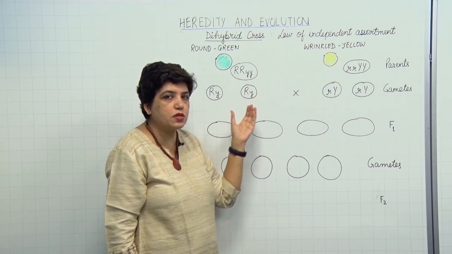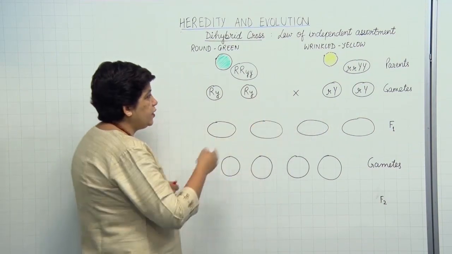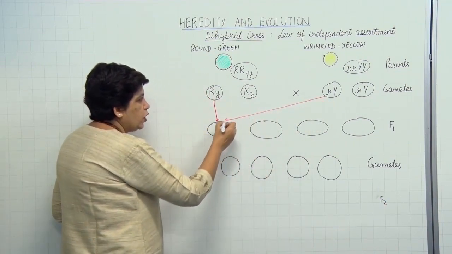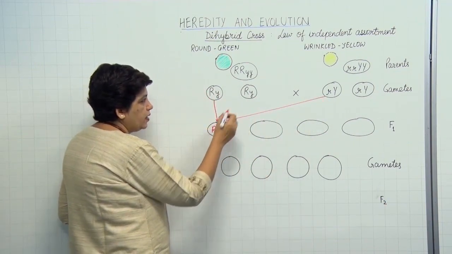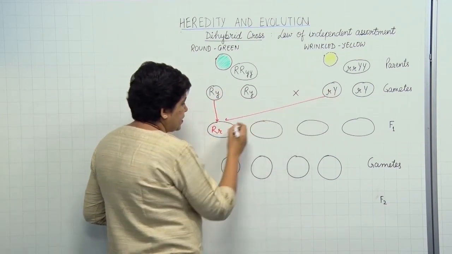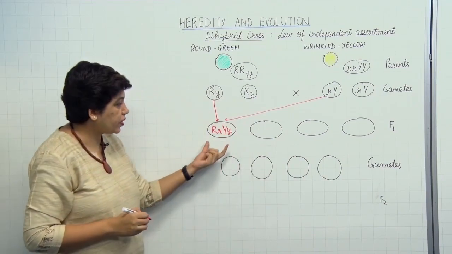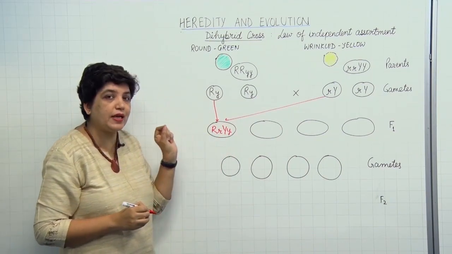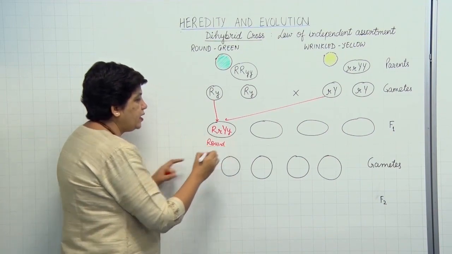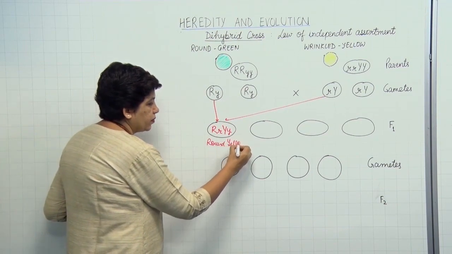Now during crossbreeding between these two plants, what would happen? If this gamete fuses with this, what will you observe? Capital R and small r from here, then capital Y and small y from here. Since there is one capital R, the seed will be round, and with one capital Y, the seed will be yellow.